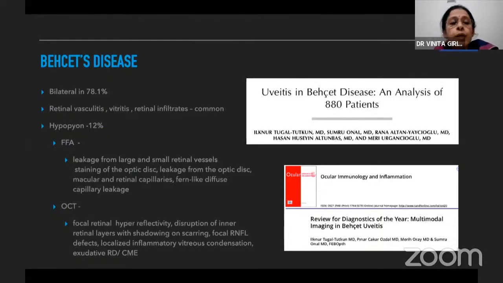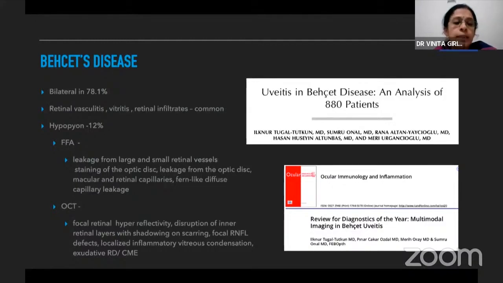They have also shown retinal vasculitis and retinal infiltrates as one of the commonest presenting features, unlike the hypopyon uveitis, which was shown previously. They also say that FFA shows fern-like and diffuse capillary leakage in many Behçet's patients, and also leakage from large and small retinal vessels, staining of the optic disc.